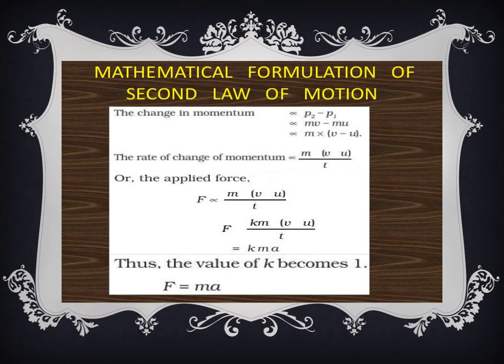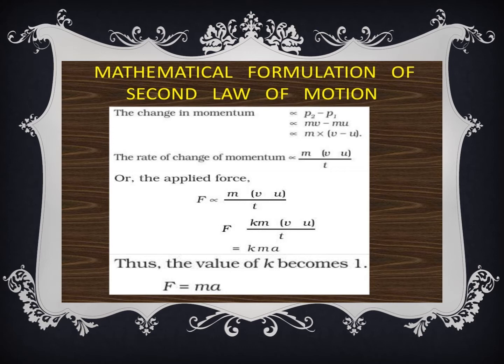Now the change in momentum is given by P2 minus P1, that is final momentum minus initial momentum, which is proportional to mv minus mu. Now this mv minus mu, taking m as common, becomes m(v minus u).